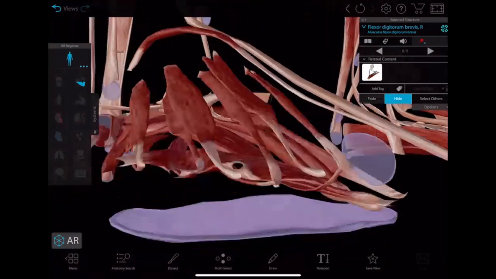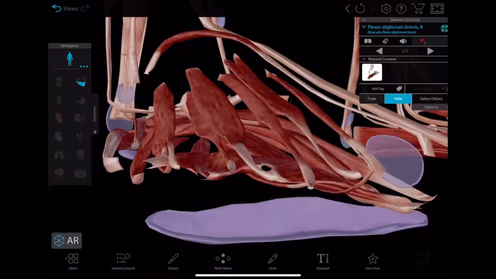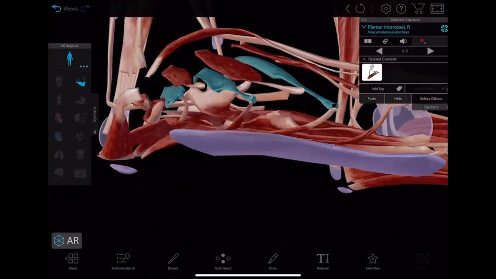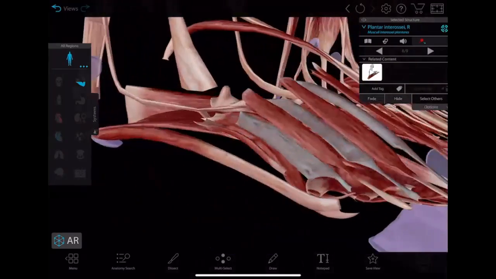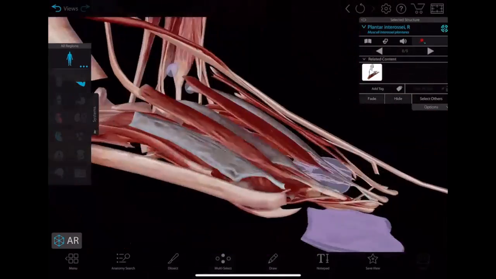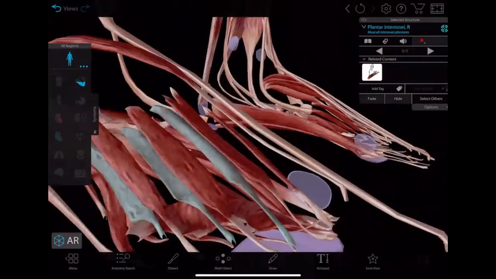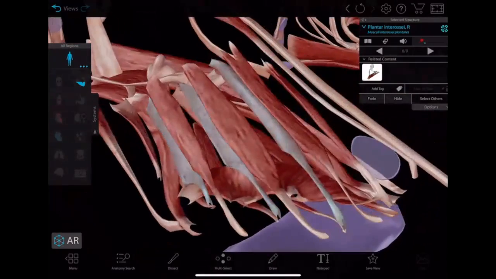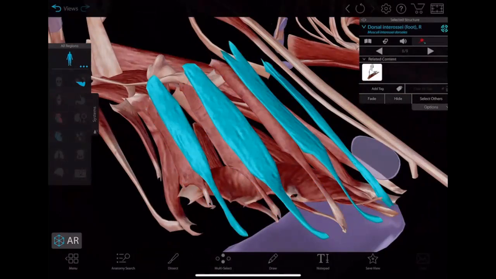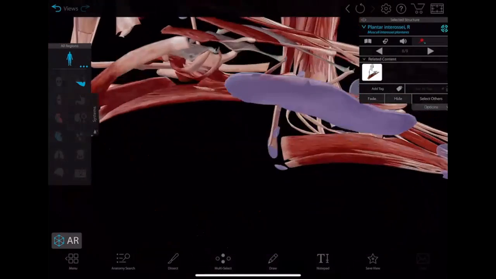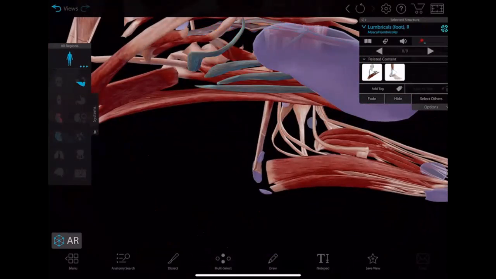You see, this is the structure. These are the dorsal interossei and these are the plantar interossei, right? So these are the interossei, dorsal interossei. These are the plantar interossei. Okay, you will appreciate. So we will see that dorsal interossei, plantar interossei, whereas these are the lumbricals.